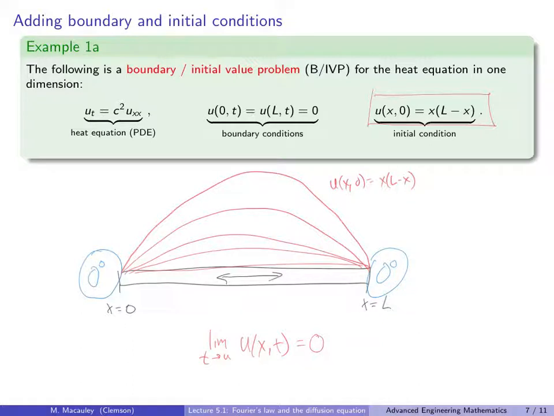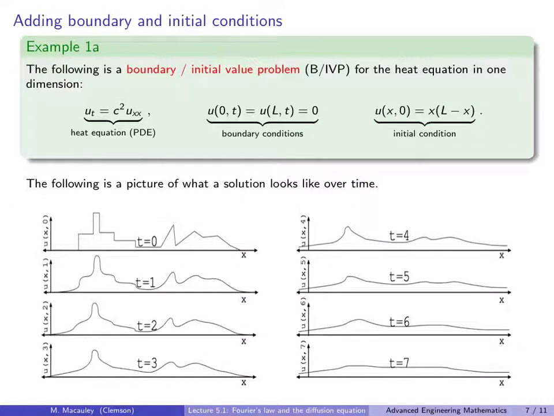Now let me change up these initial conditions here. I'm going to give you a picture of a much more wild initial condition. And that's this graph right here. If this represents the initial temperature of a bar, then as time goes on, this temperature spreads out and spreads out more, and for larger time becomes very flat.